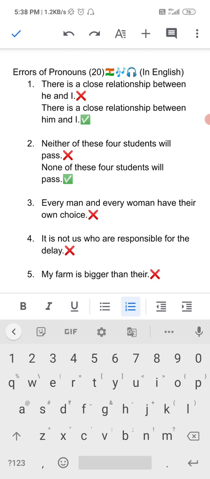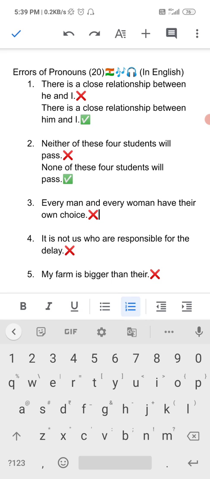Question number third. Every man and every woman have their own choice. We have used a conjunction and in this sentence, and before and we have used a singular noun man, and after and the other singular noun is woman, and before both of these nouns we have used every.